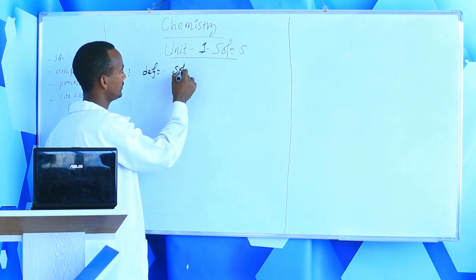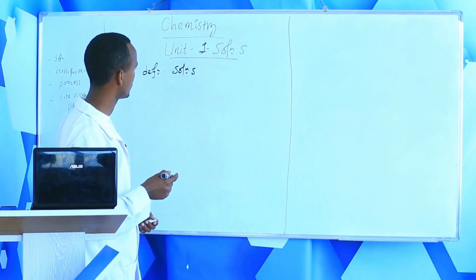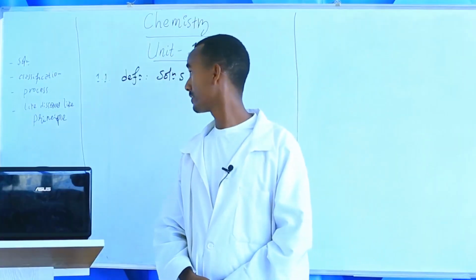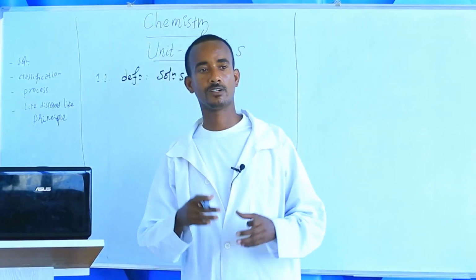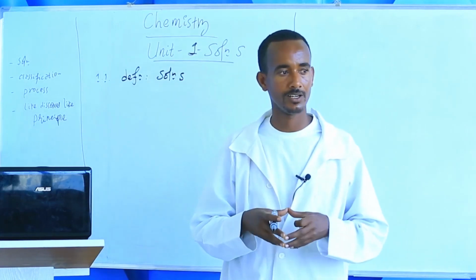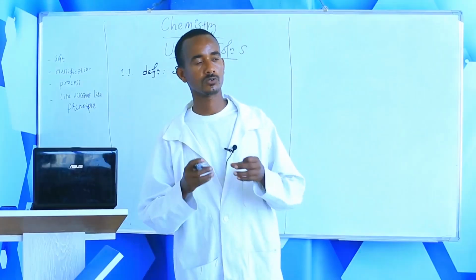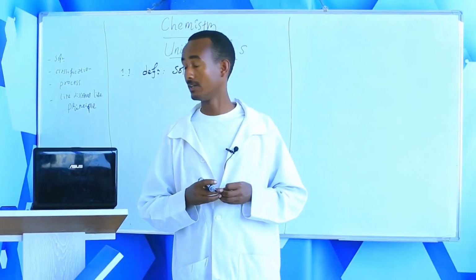Solutions. So, when you say solutions, you know that solutions are homogeneous mixtures of solids and solvents. Always, a solution is formed when the two components, the solid and the solvent, are combined together.